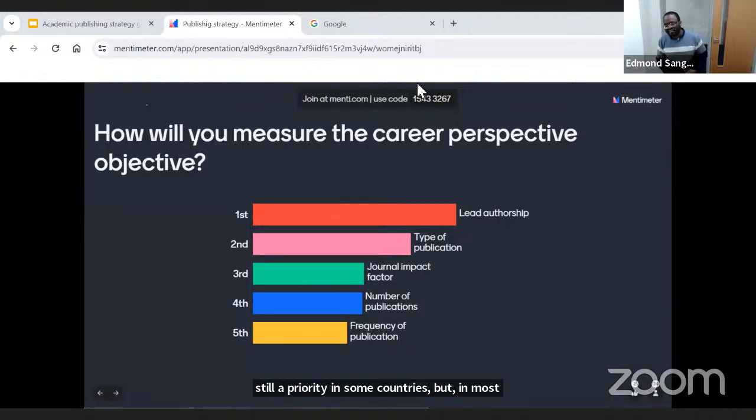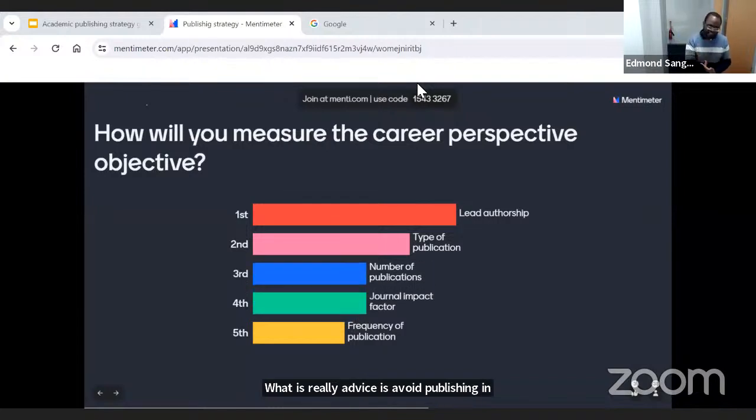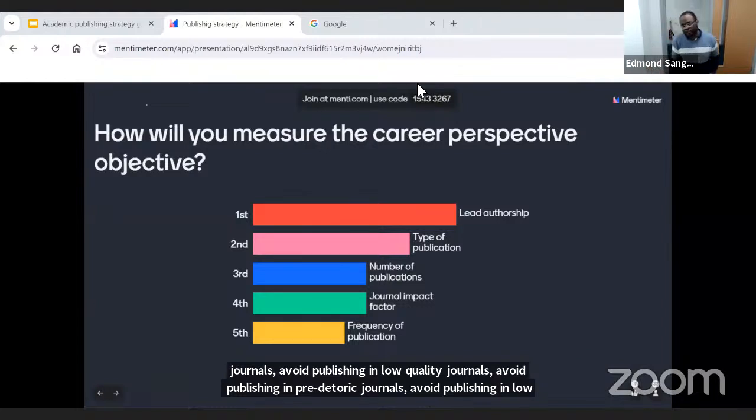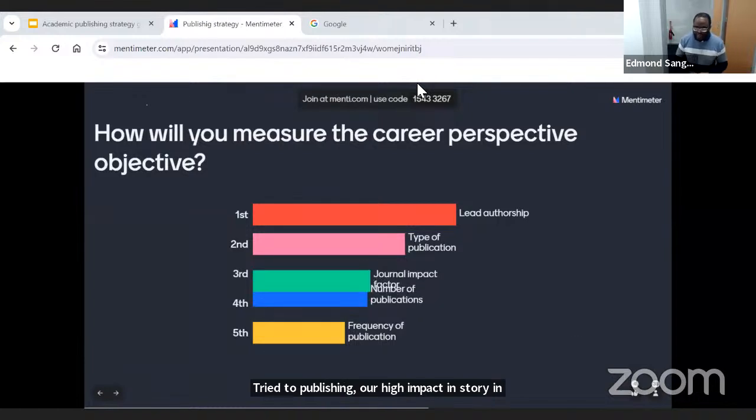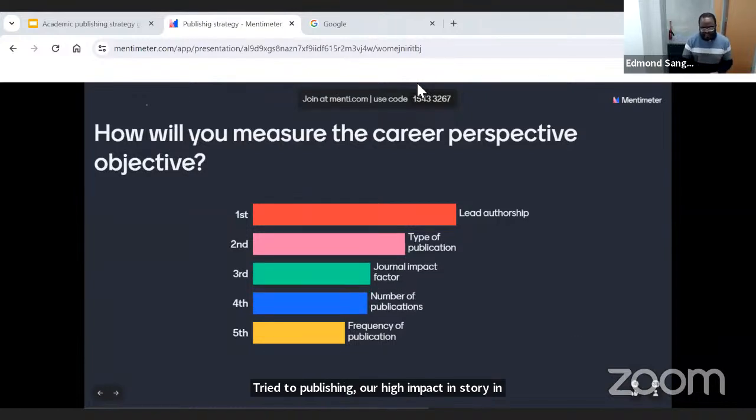What is really advised is to avoid publishing in predatory journals and low quality journals. Try to publish in high impact, reputable journals. Then what's fascinating here is most people ranked frequency of publication at a low level. This is interesting because I had a conversation with one senior who said that you need to maintain your momentum.